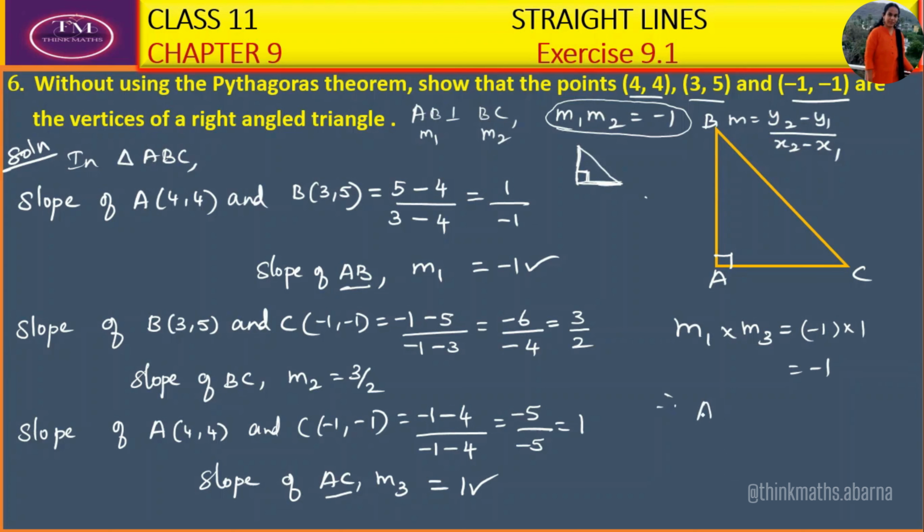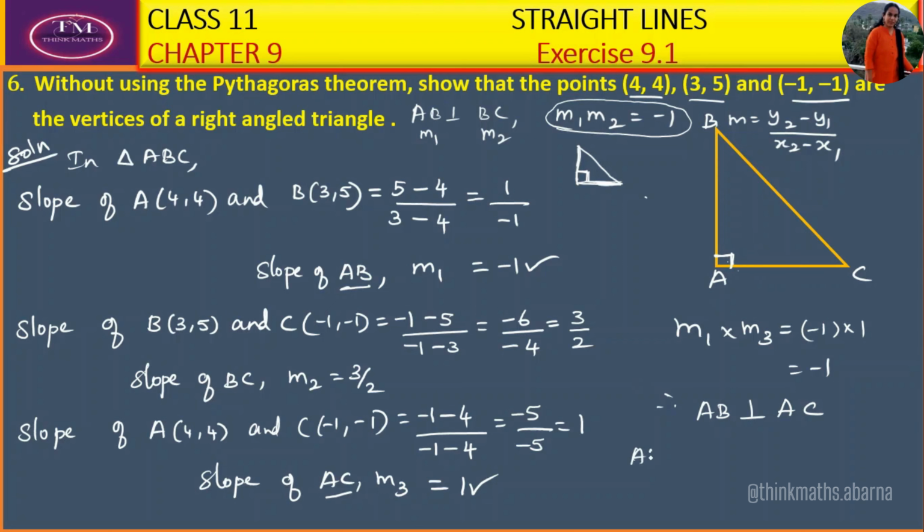Therefore, AB is perpendicular to AC. As these two slopes' product is minus 1, AB is perpendicular to AC. So ABC is a right angle triangle, right angled at A.